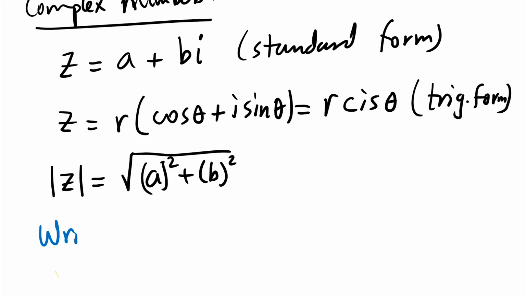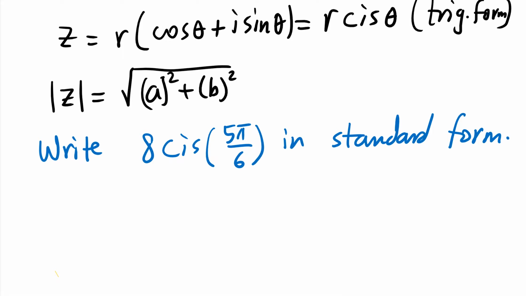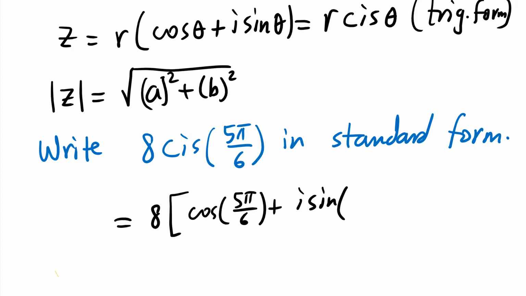So write, let's say, 8 cis 5 pi over 6 in standard form, as an example. How do you write this in standard form? Well, again, this means 8 times cosine of the angle 5 pi over 6 plus i sine 5 pi over 6.